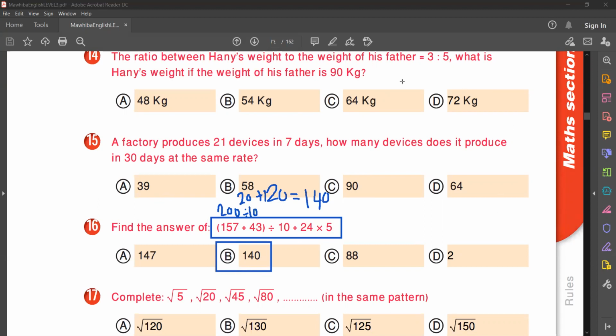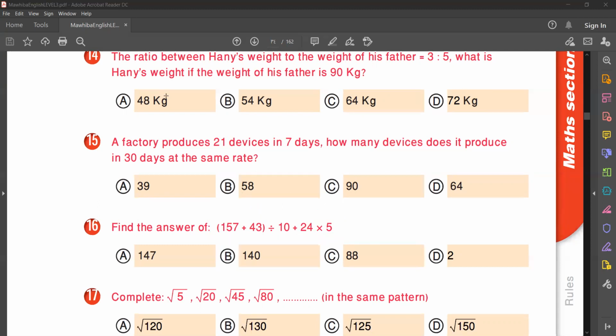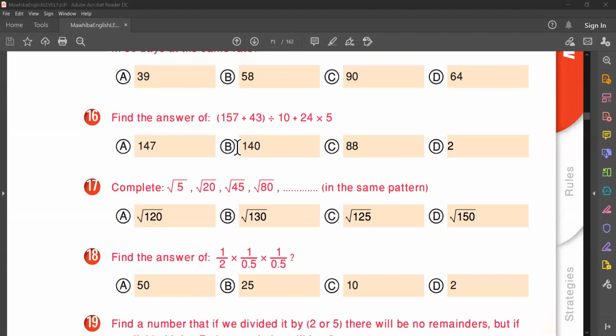Okay, now the last question here. Number 17. Then the remaining questions are your homework. Complete square root of 5, square root of 20, square root of 45, square root of 80 in the same pattern.